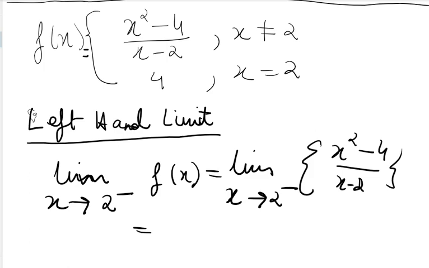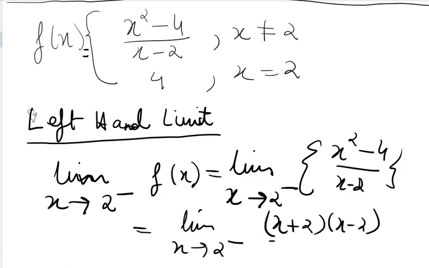and this is going to be limit x tends to 2 negative (x plus 2)(x minus 2) divided by (x minus 2), cancel them out, answer is 4. Why 4?